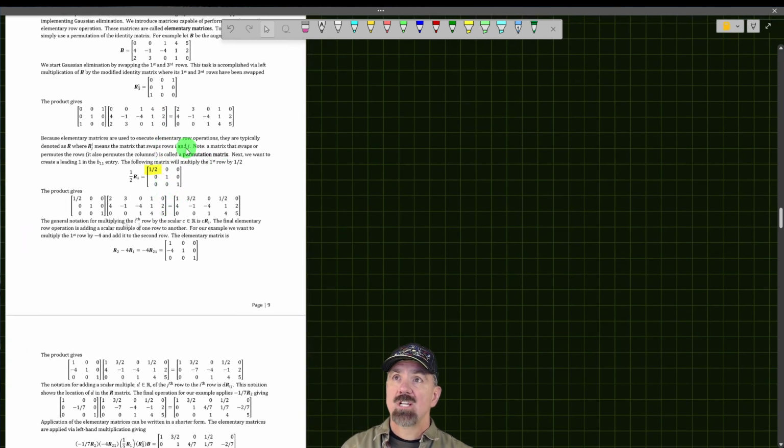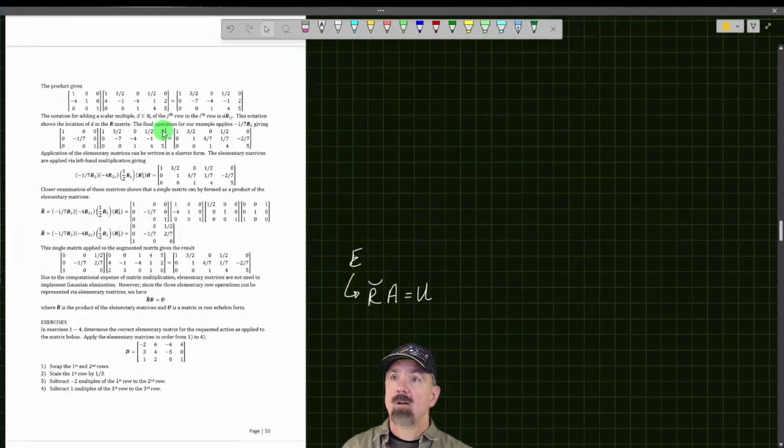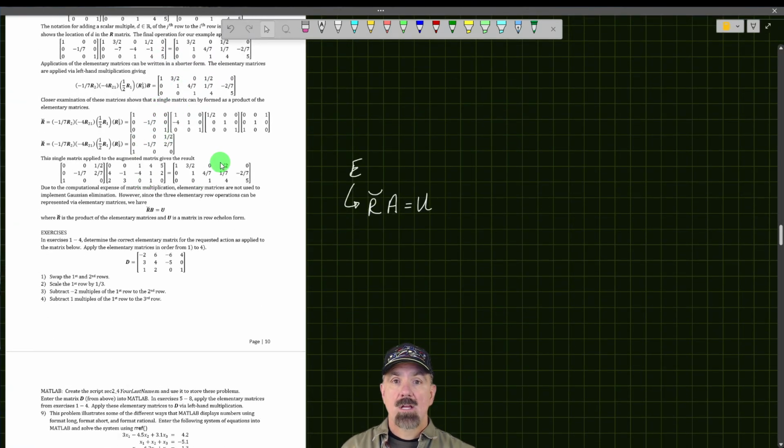I also have the conversation of permutation matrices in here. So again, just a quick go back. Remember that Strang uses E for elimination, and that's his compilation of all the elimination matrices, and I have this R with the scoop over the top. This is the product of all of those elimination matrices together. But the idea is it's all exactly the same thing.